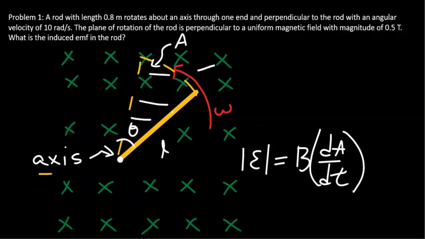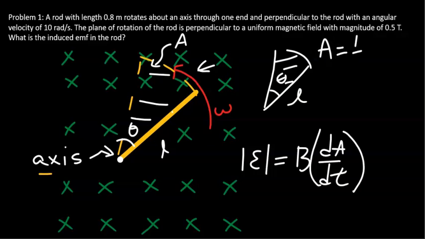For a pie-shaped segment with radius, let's say L, and angle theta, the area of this pie from geometry is quite simply half the radius squared times the angle in radian. So when you substitute that expression in here, you get B. Now L is not changing.